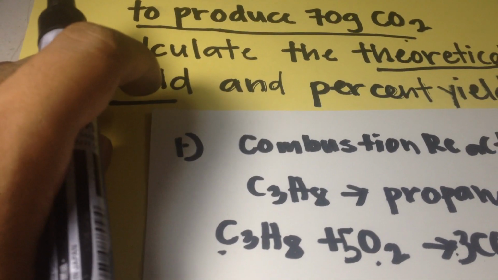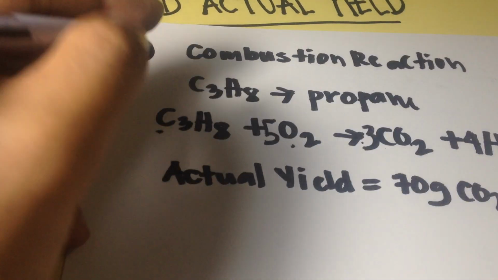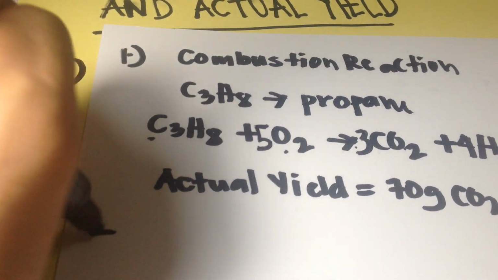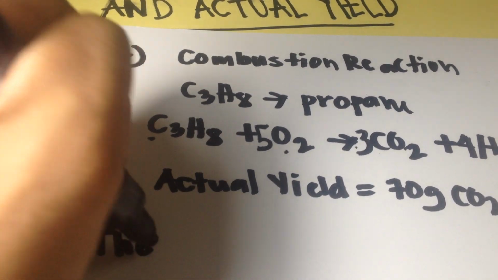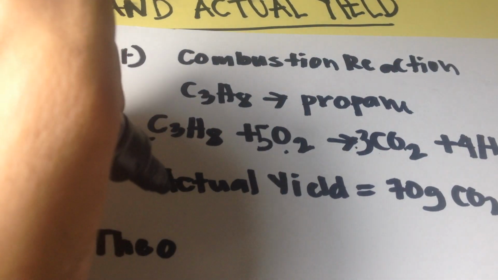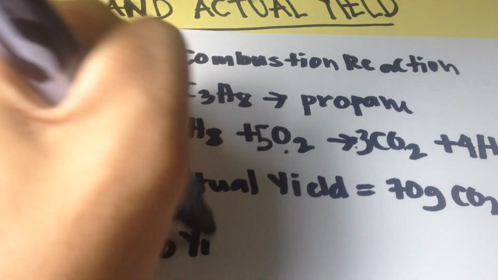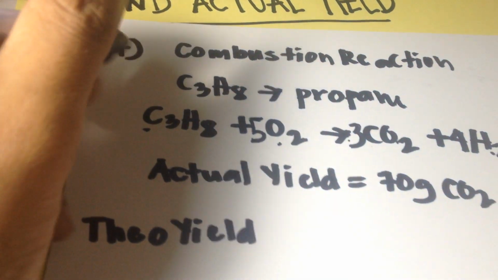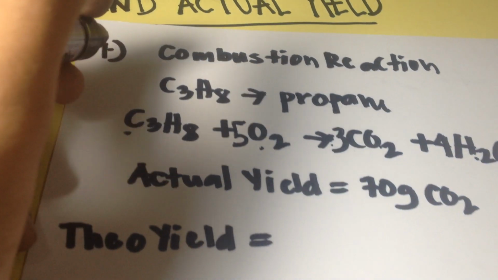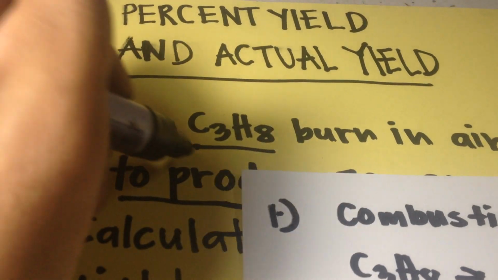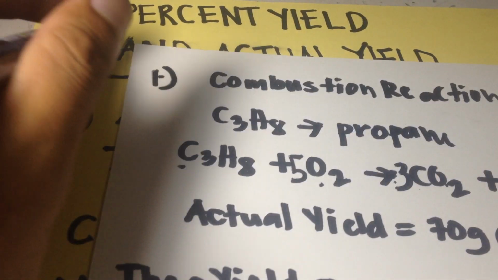And we need to calculate the theoretical yield. So theoretical yield is equal to, we have 40 grams of propane here.